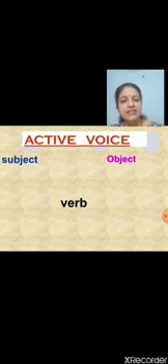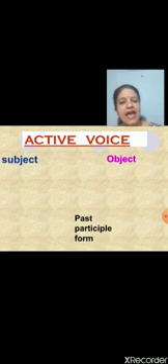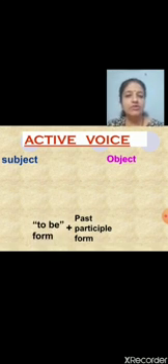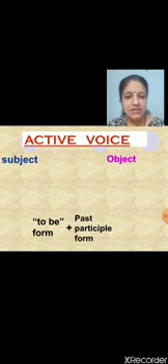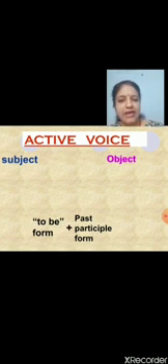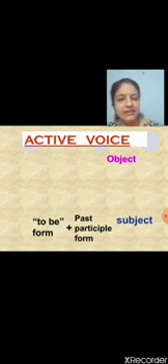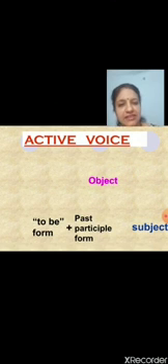We have to change the verb first, and the verb will change into its past participle form plus the correct to be form. So, the verb is going to come into two forms, the past participle form and its appropriate to be form.